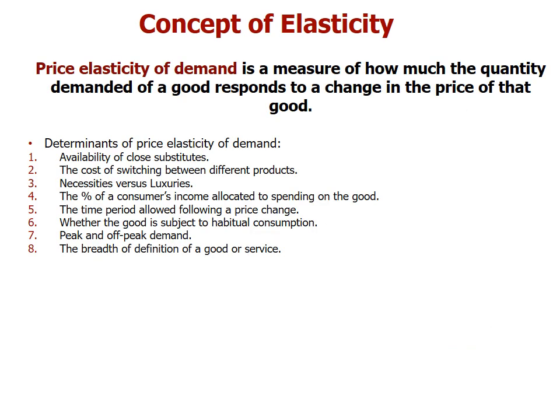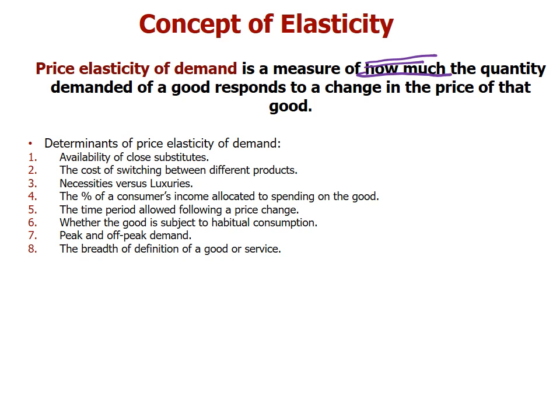So the price elasticity of demand is a measure of how much the quantity demanded of a good responds to a change in the price of that good. The key item is how much.